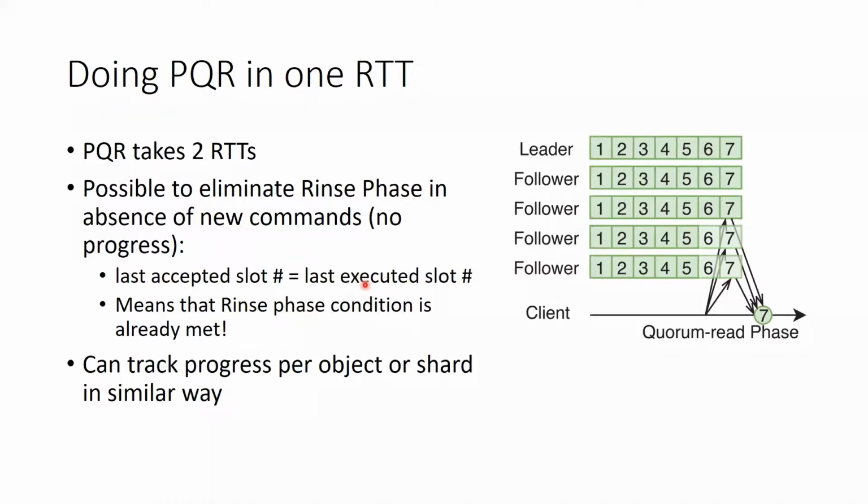However, this no progress optimization, despite having a single shared log for all the objects in this database, can be applied on a per object basis. So if you read, for example, that object A's last accepted slot was 7 and last executed was 7 from the majority of nodes, it doesn't matter if you have slots 8 and 9 on different objects. You still guarantee that at least on this object there is no ongoing operation.